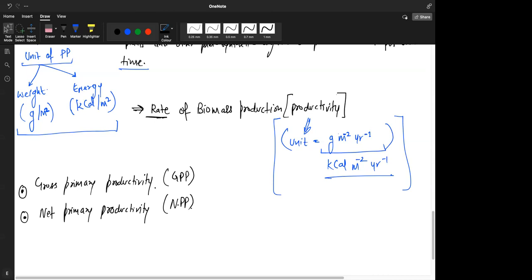So gross productivity is the entire productivity. Gross, everything included. The total amount of production that has happened through photosynthesis. Net is gross minus what the plant lost to the environment. The plant did not even keep it with itself, or did not put it in fruits, or could not pass it to animals. But what it lost, to environment.